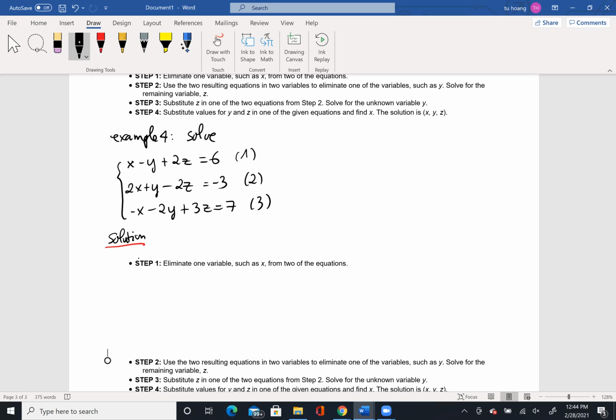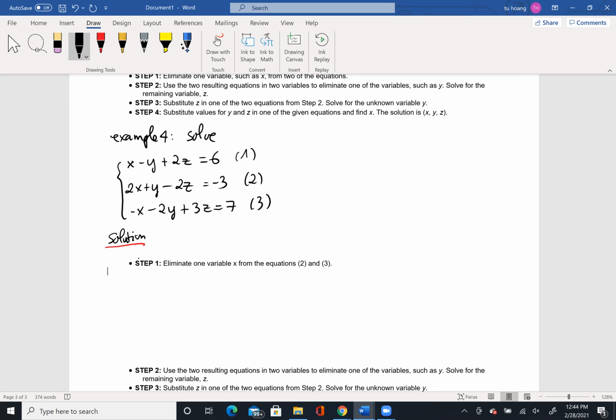So I'm going to eliminate variable x from equations 2 and 3. Okay.